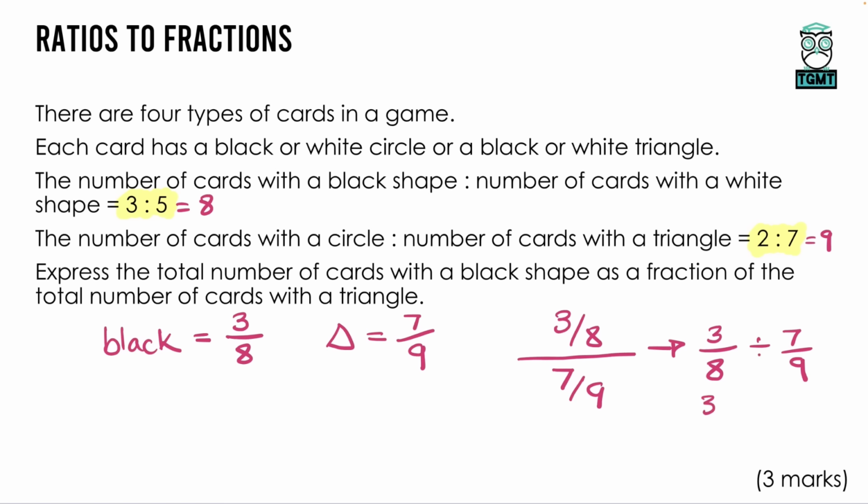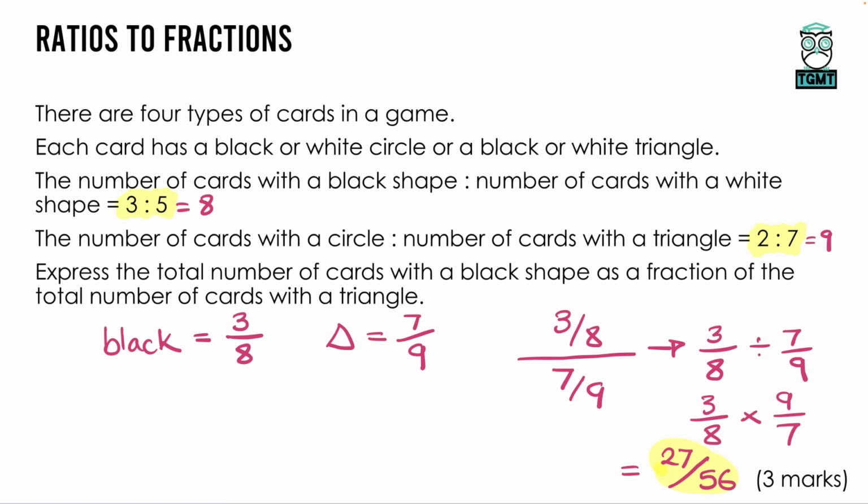We know when dividing fractions, we multiply by the reciprocal, and the reciprocal is 9 over 7. So that's nice and easy for us to do. We now just need to multiply the tops: 3 times 9 is 27, and the bottom, 8 times 7 is 56. So actually that whole question was just about dividing fractions. But we first had to convert the part of the ratio that we needed into a fraction, and the same for the second ratio.